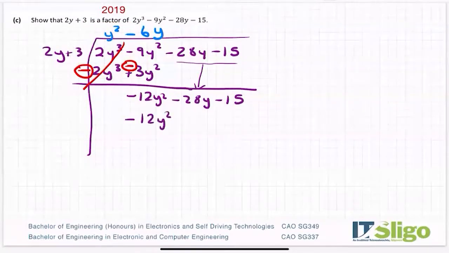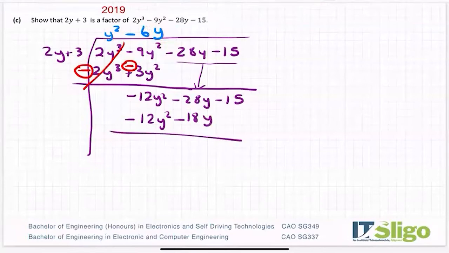That's good. That's what I wanted. Minus by plus gives me minus, 6 3's are 18, and y, and I have no letter here, so it's just a y.